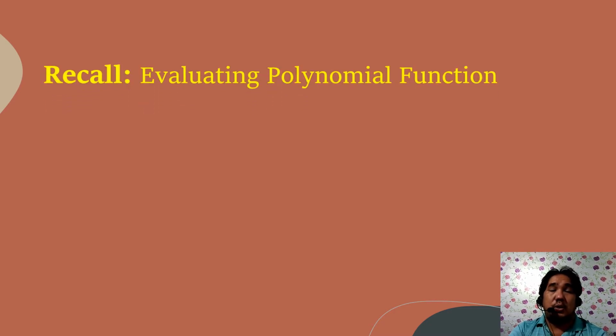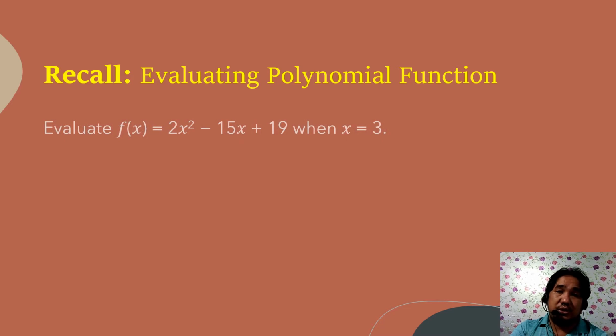Okay, so let us first recall the lesson that we had previously. That is all about evaluating polynomial function. So I have here an example. We are to evaluate the function f of x equal to 2x squared minus 15x plus 19 when x is equal to 3.